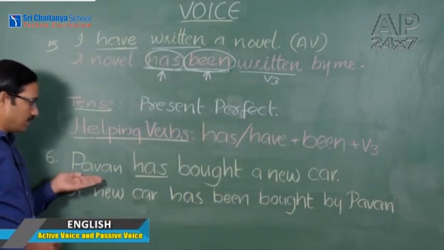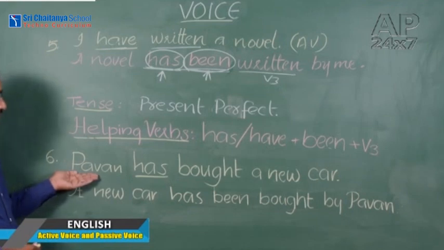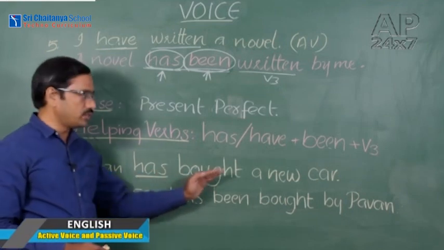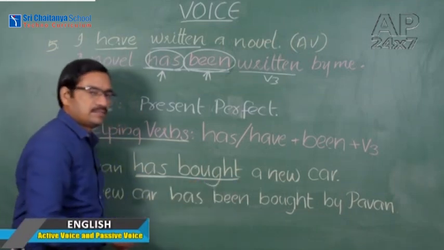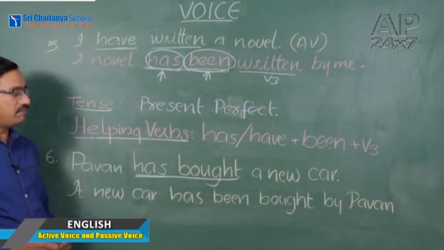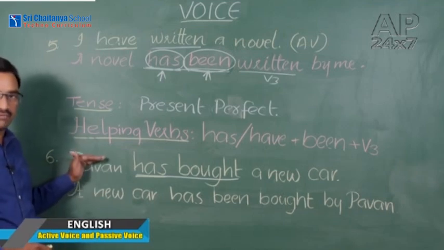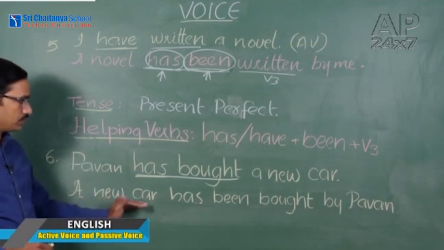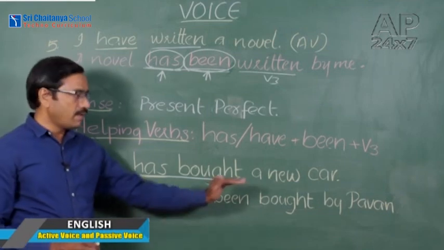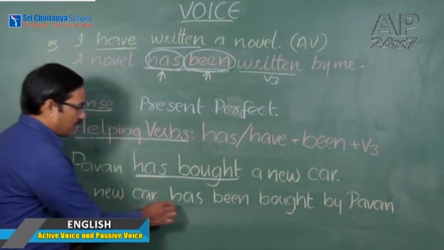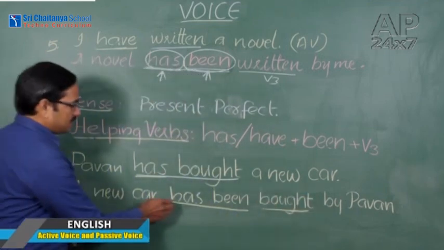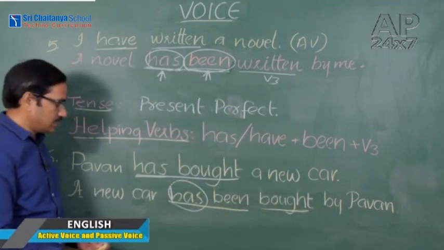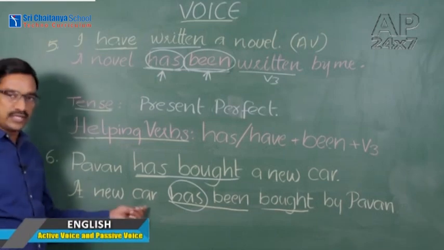We will see one more example here. Pavan has bought a new car. So has bought is the present perfect tense, and when we change the present perfect active into passive voice: a new car has been bought by Pavan. So here we have taken has because a new car is singular.